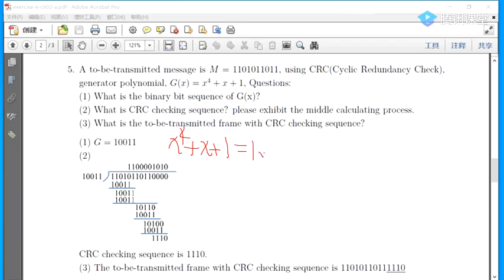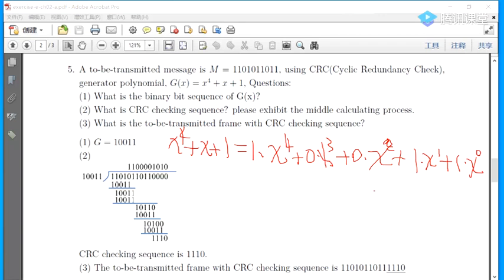It means 1 times x^4 plus 0 times x^3, plus a 0 coefficient for the x^2 term, plus 1 times x^1, plus 1 times x^0, right?